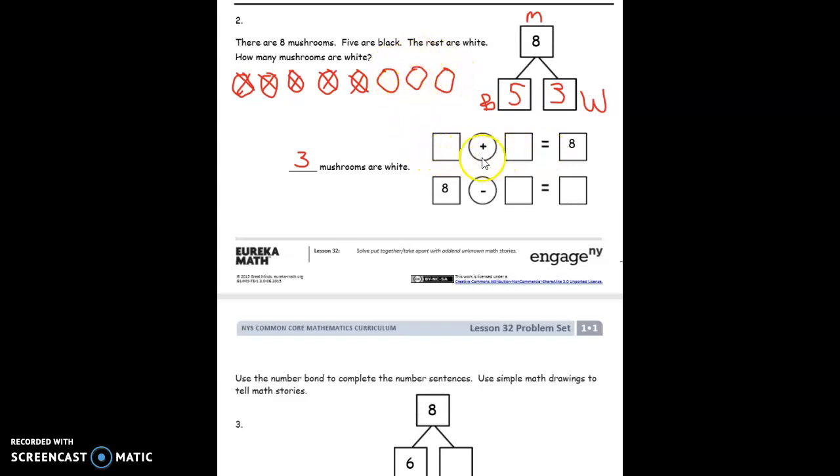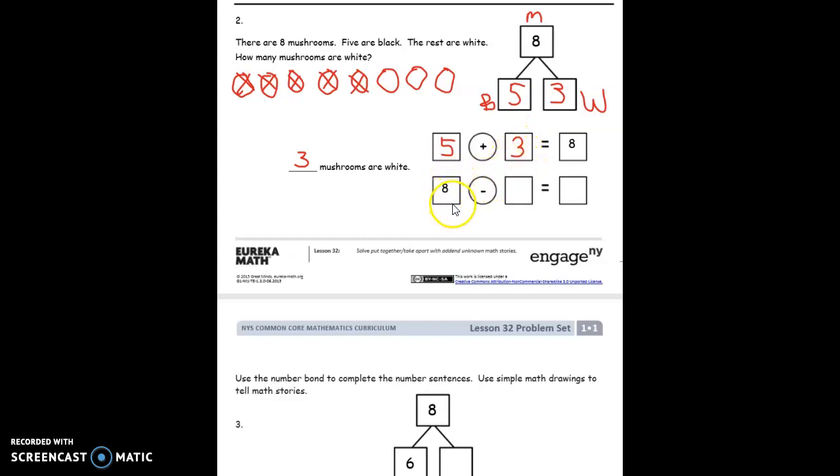Now let's look at our number sentences. Blank plus blank equals 8. Look at the part in your number bond. Write those in those spots now. You should be writing 5 and 3.